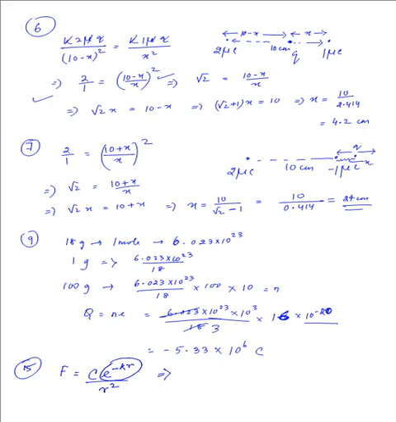So the unit of C is going to be Newton meter squared, and the dimension is going to be the dimension of force multiplied with the dimension of distance squared, so that is M L cubed T to the power minus 2. That is the dimension associated with the constant given.